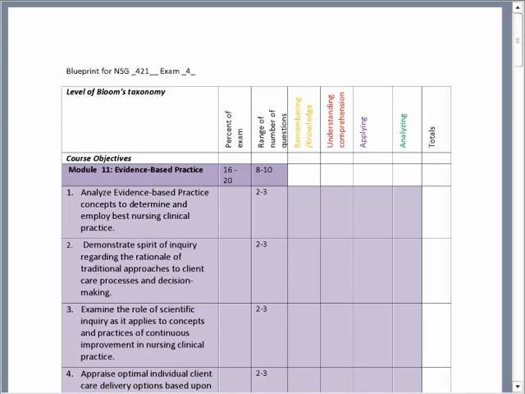Well, one of those areas you can find is the Nursing Guideline Clearinghouse. Another place would be the AHRQ, the Agency for Healthcare Research and Quality, the NDNQI, which is the National Database of Nursing Quality Indicators, I believe it is.